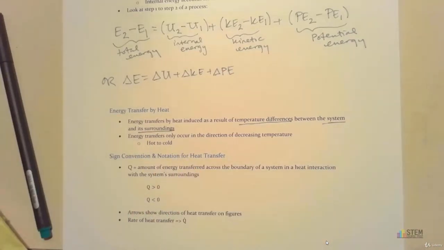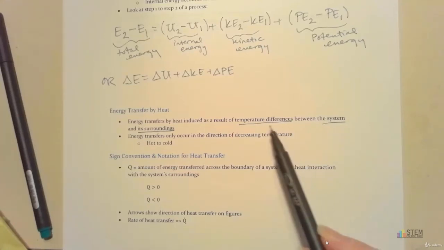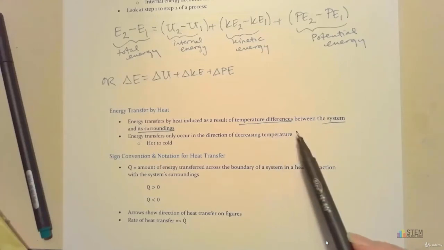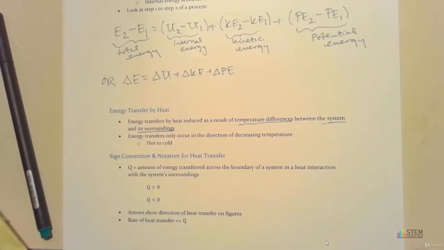Think about if you have a piston cylinder assembly and you put it in a really hot environment, what's going to happen to that gas inside that cylinder? Unless it is really insulated, that gas inside that cylinder is going to heat up. So you're going to have an energy transfer by heat, and it's going to be caused by that temperature difference. Now energy transfers are only going to occur in the direction of decreasing temperature.